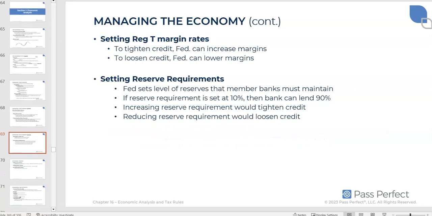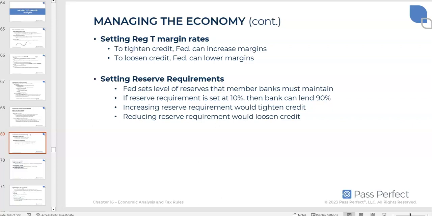Okay. Another tool that they have at their disposal, they can use it, but they never do. Remember, Regulation T of the Federal Reserve under the Securities Exchange Act of 1934 gives the Federal Reserve the authority to set the initial margin requirement, right?